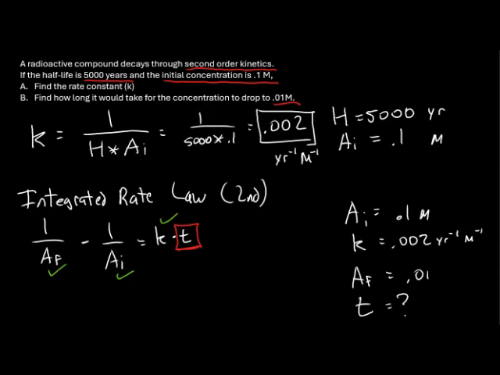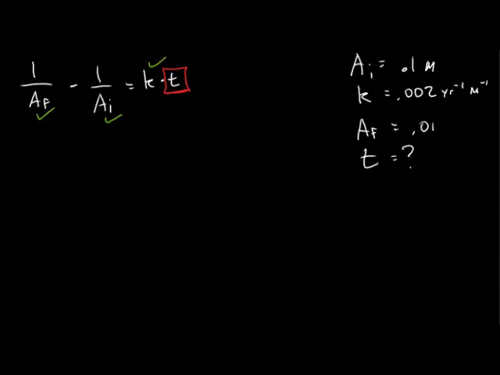Now we'll plug our known numbers in and try to solve for the unknown. On the left side, we'll have 1 divided by A final, which is 1 divided by 0.01, minus 1 over A initial, which is 1 divided by 0.1, equals 0.002 for our K, multiplied by our unknown time.